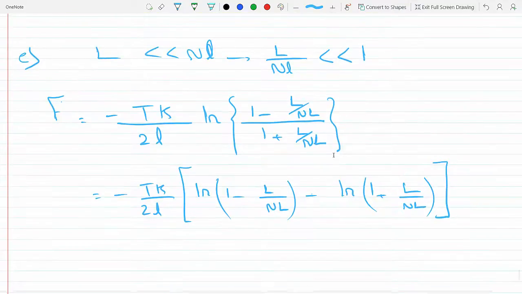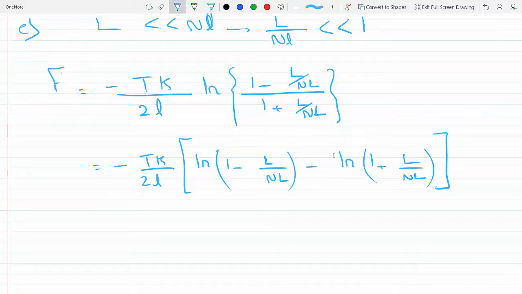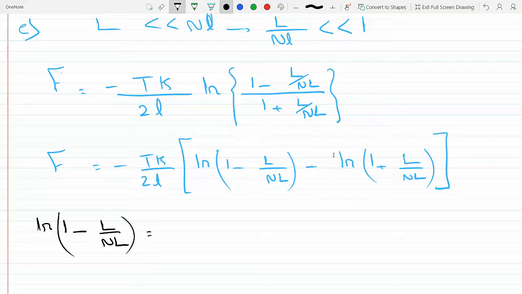Okay, since L over nl is a lot less than 1, I could do a Taylor series expansion on each one of these. So let me start with the first one, ln of 1 minus L over nl.